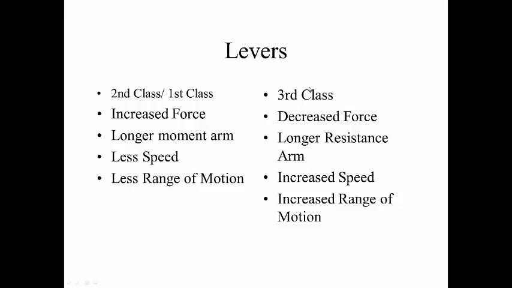A third class lever system, it's not for force production, right? Because your muscles have to generate tons of force because there's a longer resistance arm, but you have an increased speed and increased range of motion, right? So we have much greater range of motion with our biceps brachii attached onto the radius where it is, as opposed to it being attached mid-radius.